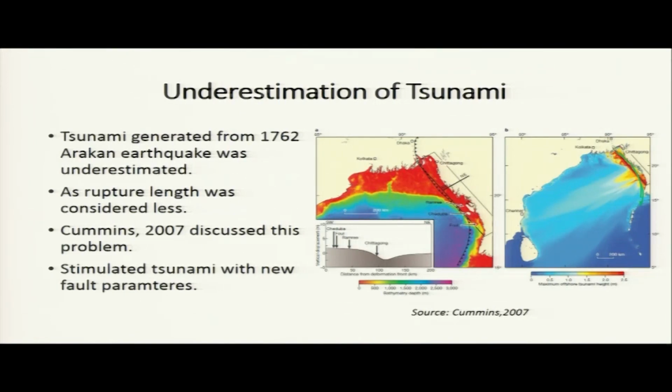The modeling part is very important in the study of tsunami, and with that we can prepare hazard assessment maps. In that we can demarcate those areas where the tsunami can come, and we can give the authority information about which areas can be allowed for construction or any other anthropogenic activity.